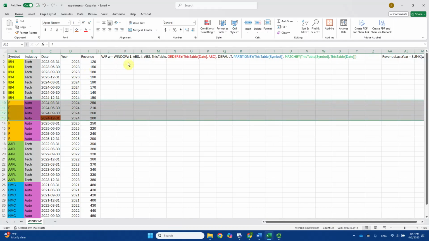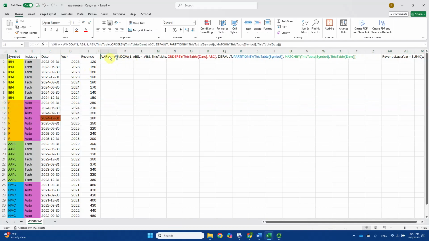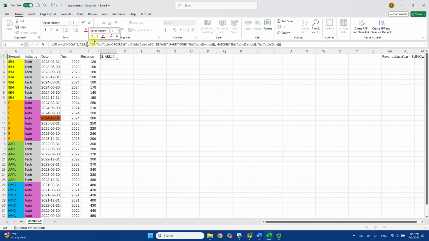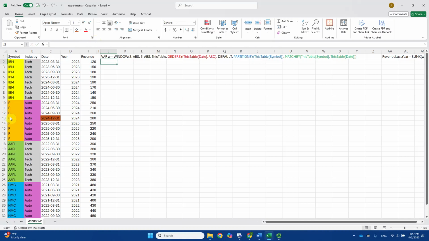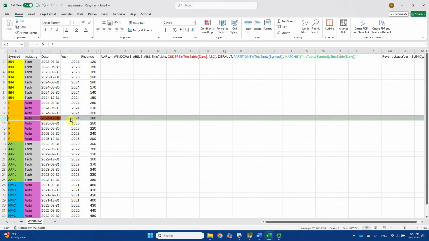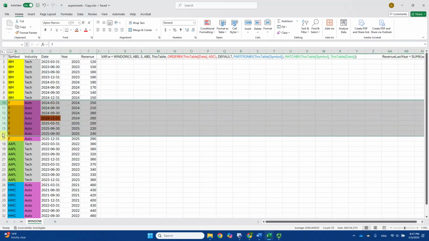Okay, if, for example, we change this to, again, absolute position, 3 to 5. Again, assuming we're working on this row now, the current row is this row 13. Again, the current row determines what the current partition is. It's going to be the 4th partition, the entire orange block.